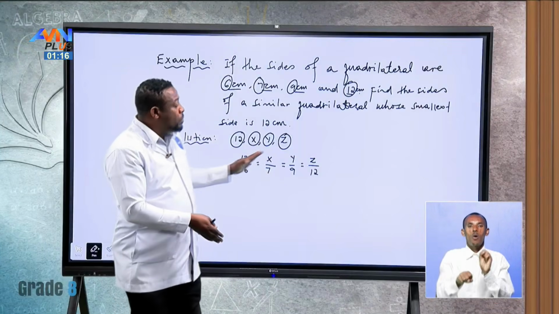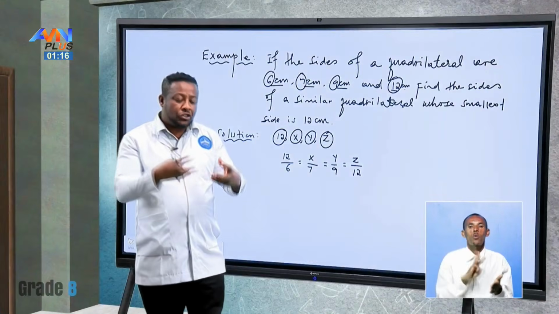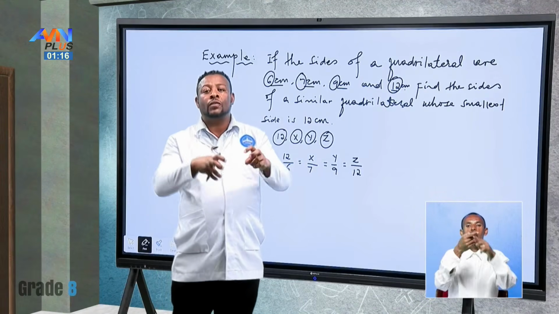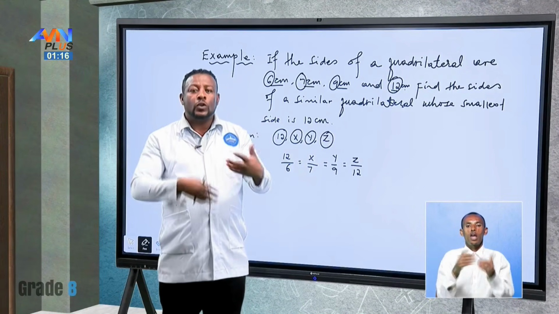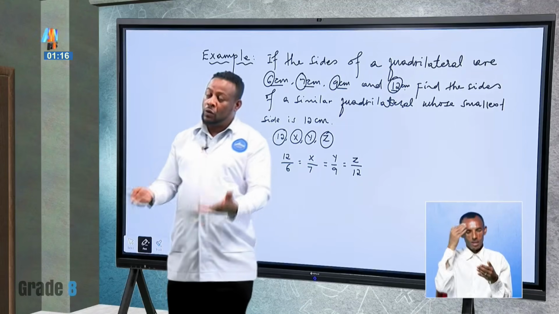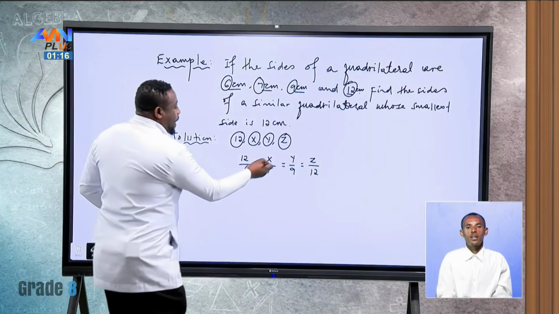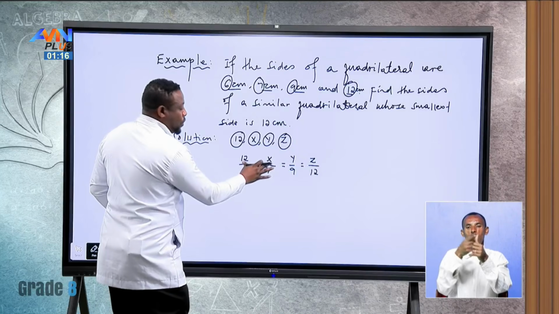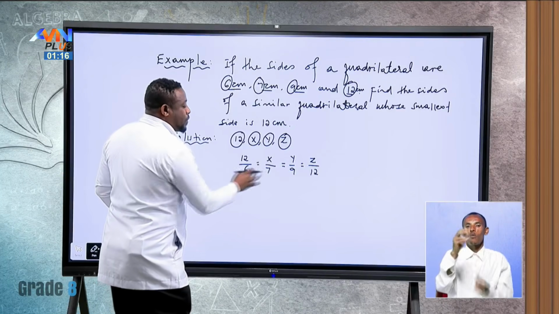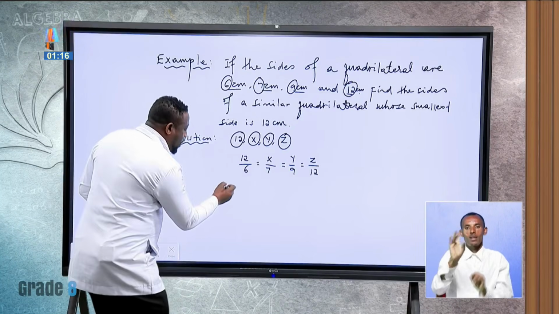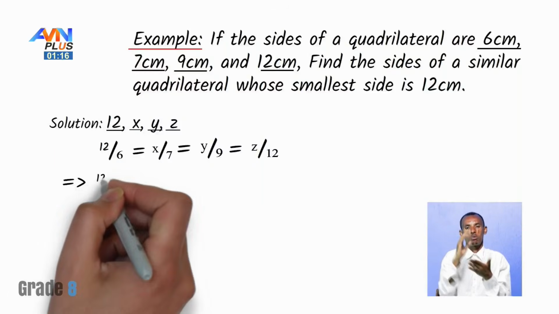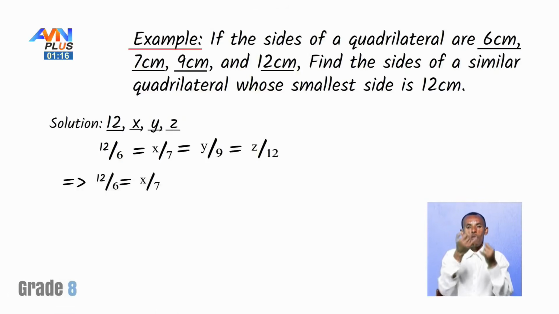So from these, we can take 3 different pairs of equations so that we can determine the unknown variables x, y, z. Take the first two, 12 over 6 and x over 7. So 12 over 6 is equal to x over 7.